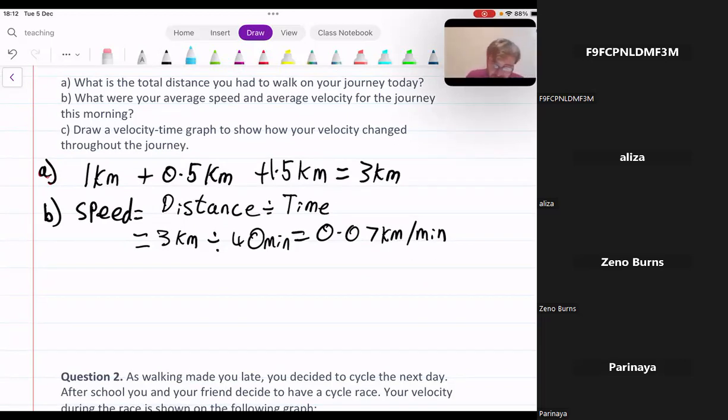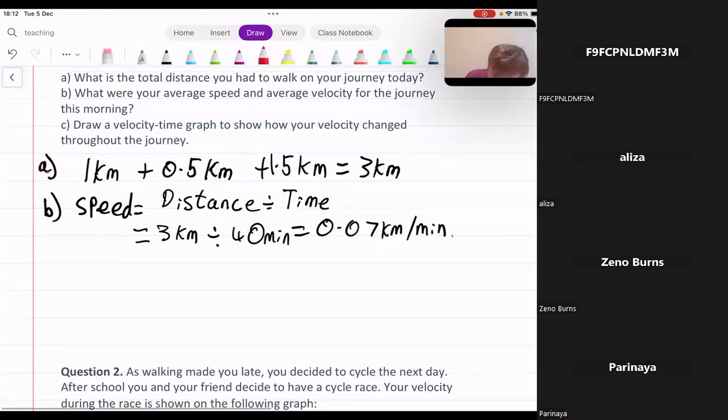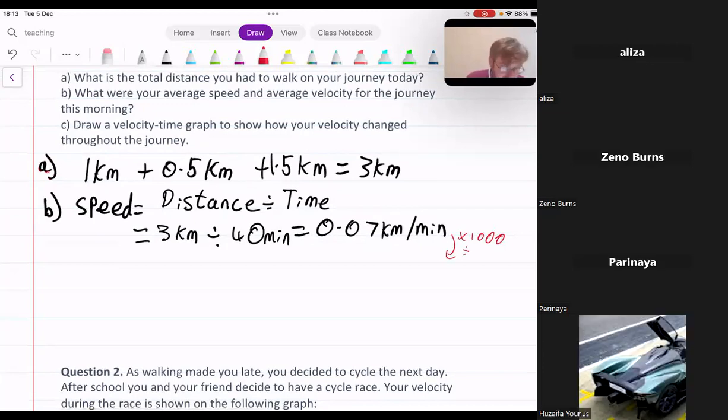There's 1,000 meters in a kilometer, so we times by 1,000 to go from kilometers to meters, and then we divide by 60 to go from minutes to seconds. If you have a calculator, you can find it is 1.25 meters per second.